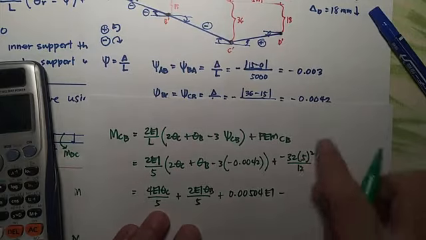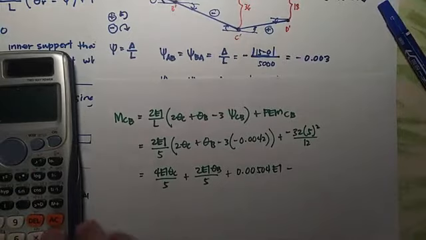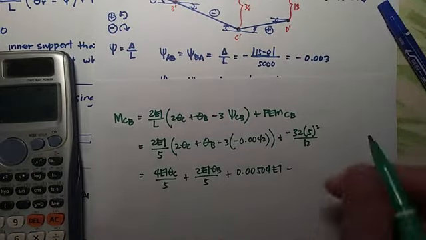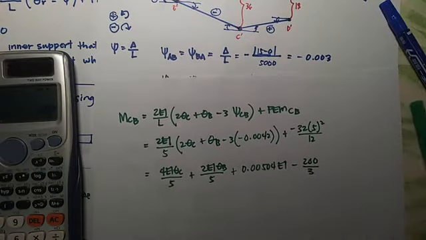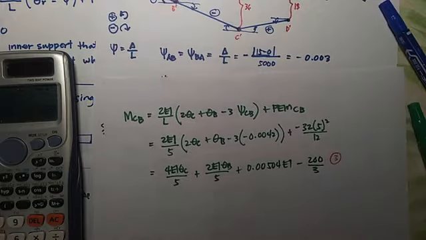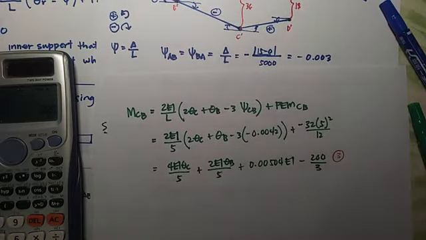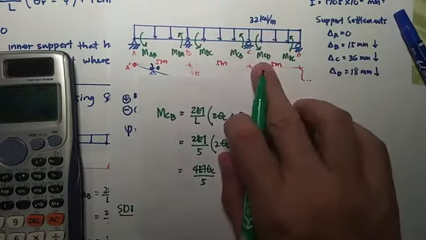Then, minus this one is 32 times 25 over 12 is 200 over 3. So that would be our third equation. Yan, MCB.